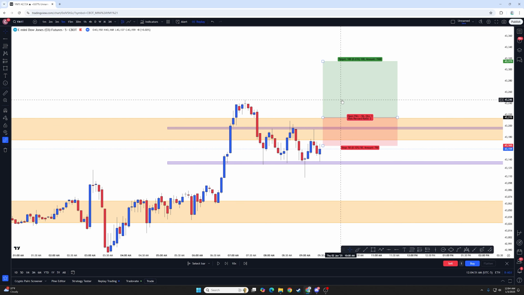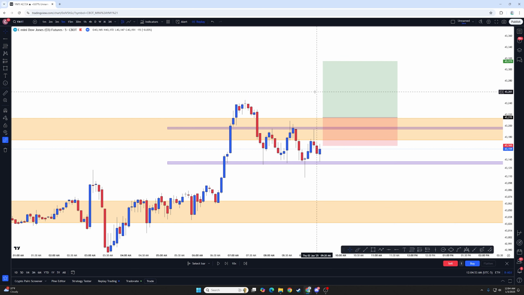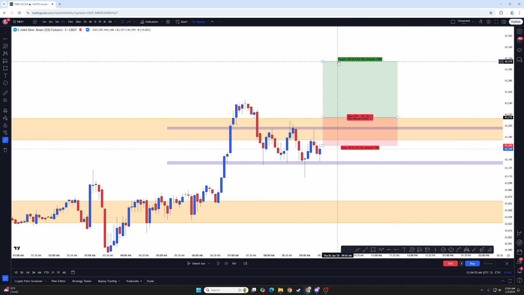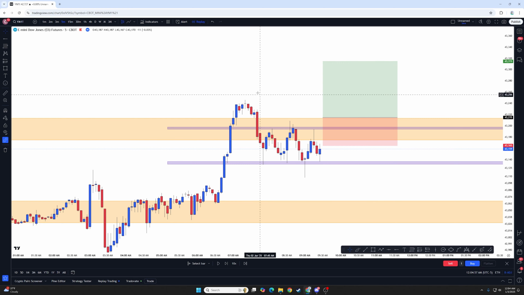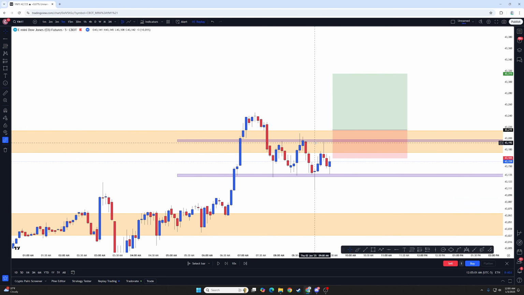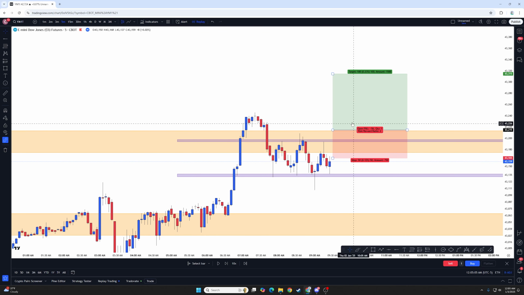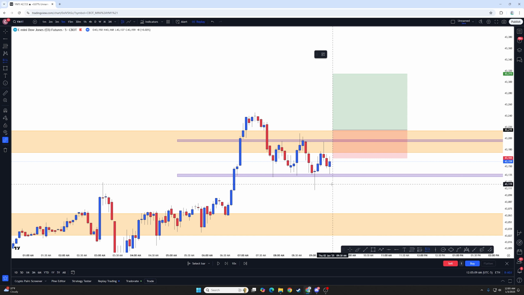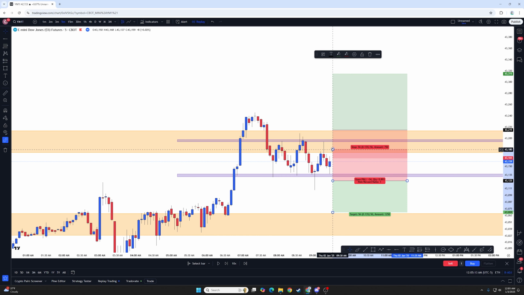So 50 points from the entry would be my TP1, and then TP2 is all the way up here at 100 points. I'll go more in depth as the videos go on, but this is my buy scenario. Let's not get too sidetracked. That's my buy scenario, and my sell scenario was all the way down at 125.